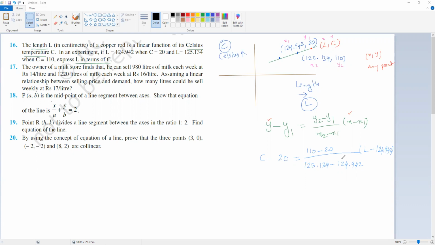Got it? Did it make sense? So C minus 20 is equal to 90 divided by, simplify, 125.134 minus 124.942, which is 0.192, into L minus 124.942.